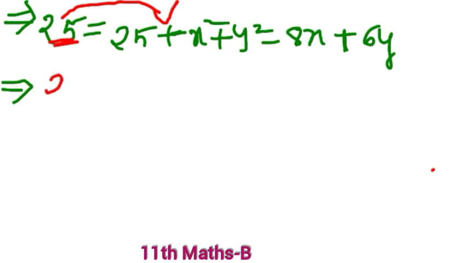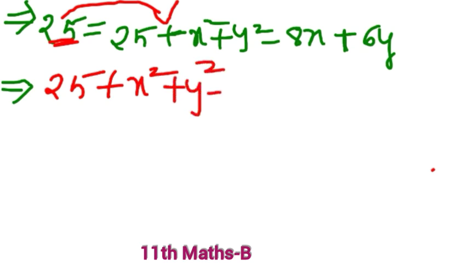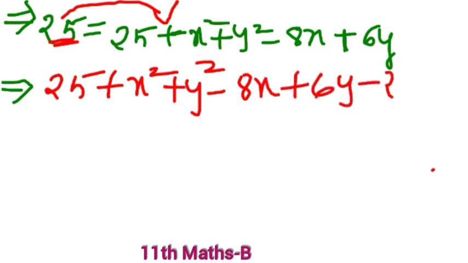So 25 plus x square plus y square minus 8x plus 6y minus 25 is equal to 0. Did you get it?